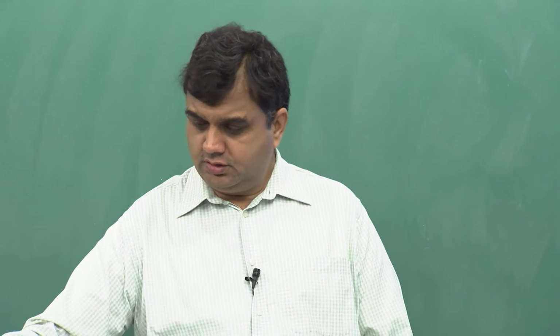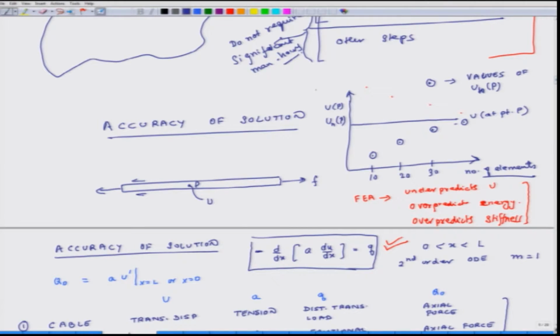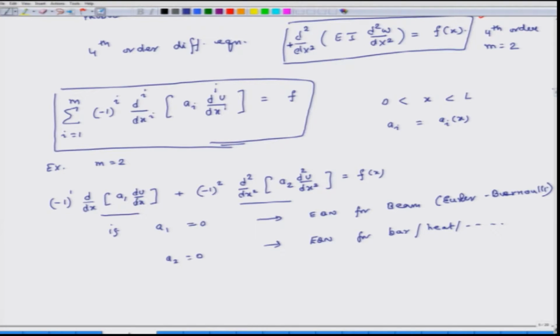So, to discuss this accuracy and this convergence process, what we will do here is discuss this feature of finite element in detail, that is, why does it converge from bottom or top and so on and so forth. So, in our subsequent discussion, we will assume that A2 equals 0. We will try to understand this concept of convergence in context of the bar problem, and we will also assume that u is 0 at x equal to 0 and u at x equal to L is also 0.